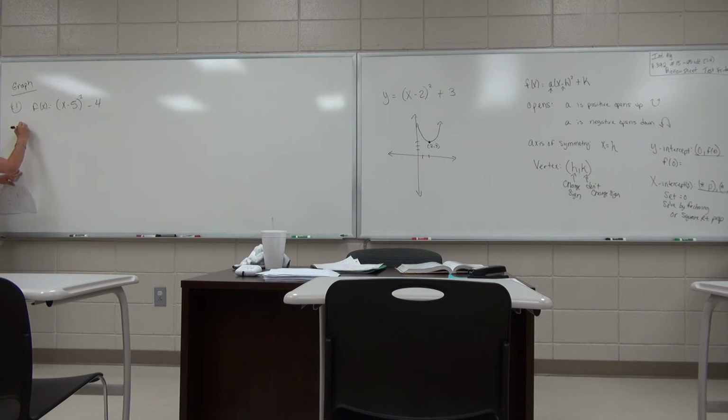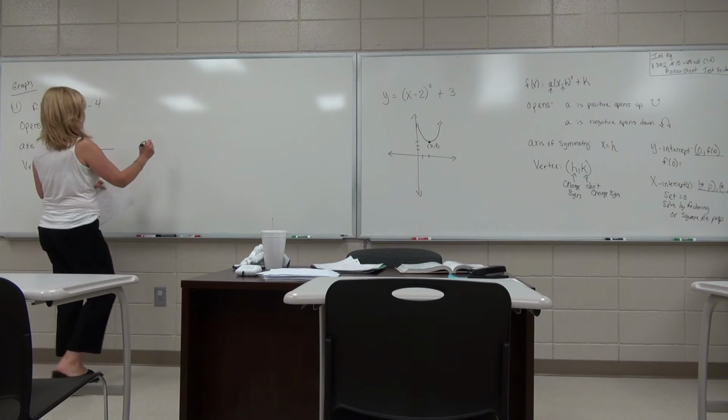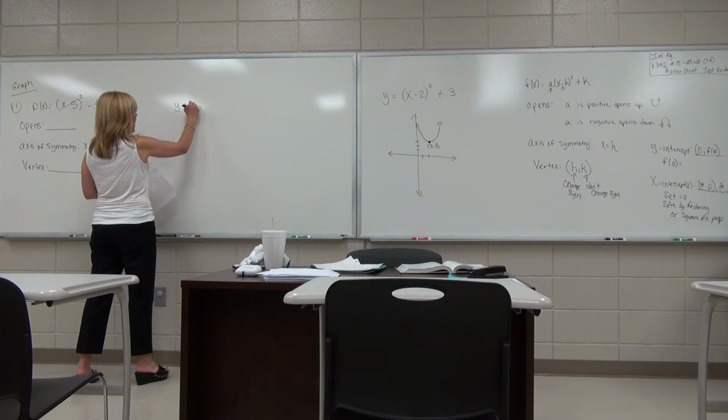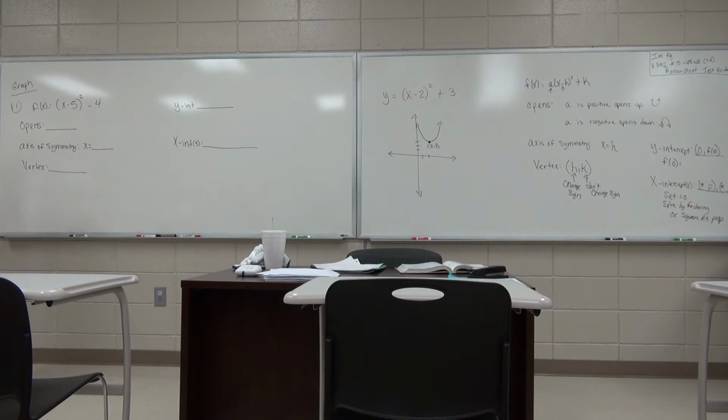And the way it's going to look on your test is it's going to have opens, it'll have a blank, it'll have axis of symmetry, x equal, and it'll have a blank, and then it'll have the vertex with a blank, and then you have y-intercept with a blank, and you'll have x-intercepts with a blank. And regardless of which form it's in, these are the blanks that you have.